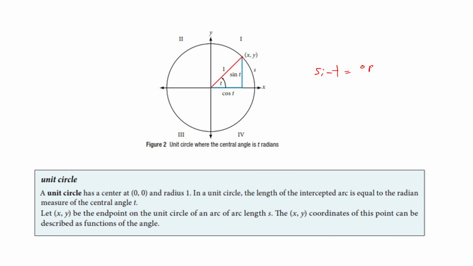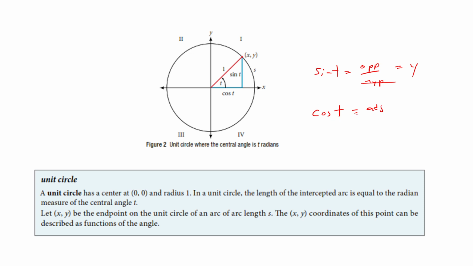is opposite over hypotenuse. Well, the hypotenuse is 1, so that doesn't really have anything to do with it. So sine is equal to the opposite. Look, in the way we're putting this inside of the circle, the opposite is always going to be the value of y. And in the same way, cosine of t is going to be the adjacent over the hypotenuse, but the hypotenuse is always 1.